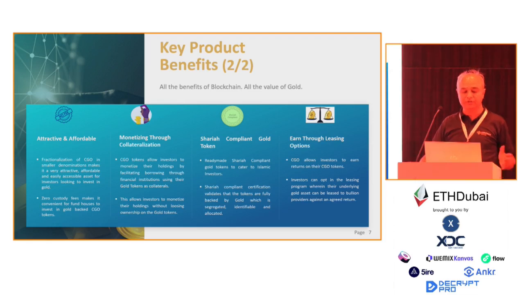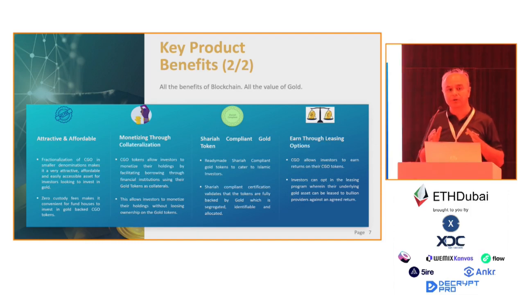The other advantages are that it is very attractive and affordable. If you go and buy physical gold in a gold market, you practically pay around 3 to 4% more than you would pay over here, because those markets in physical gold don't vary much.